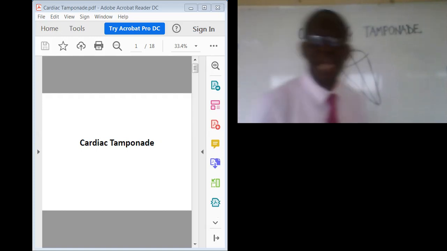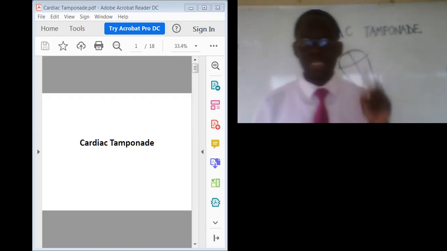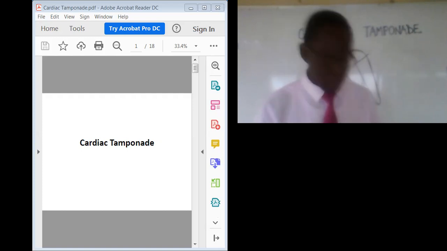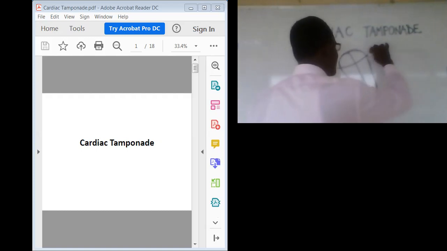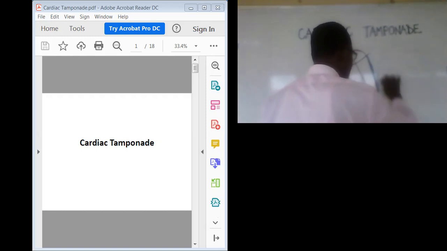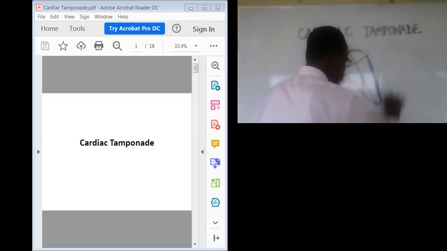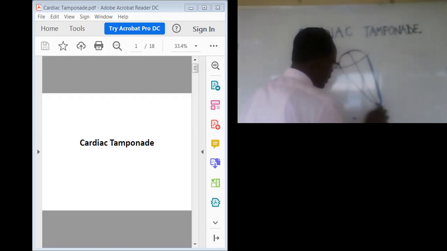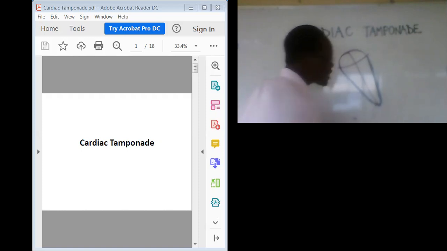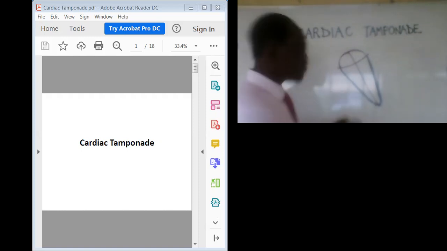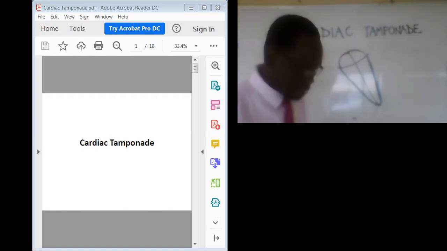Now, the pericardium is divided into 2 layers. There's a layer that attaches on the heart itself. A layer of the pericardium that attaches on the heart itself is what we refer to as the visceral layer.